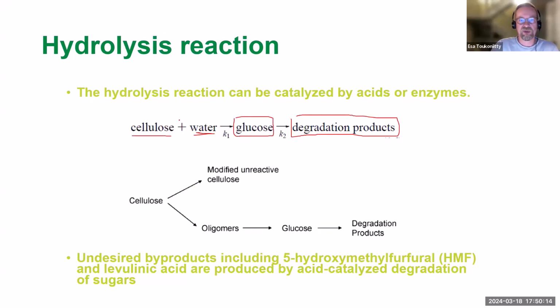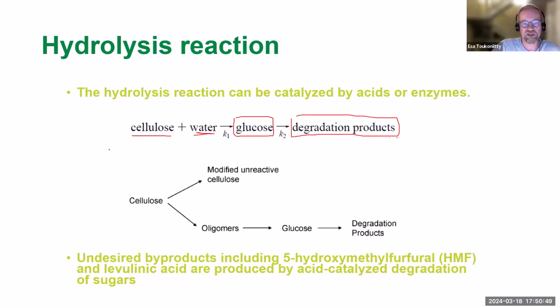But the thing is that when you apply these conditions, the glucose can also react further. Then there are several alternatives, but those are not desired. So those are the unwanted products or side products. Here mentioned the degradation products.